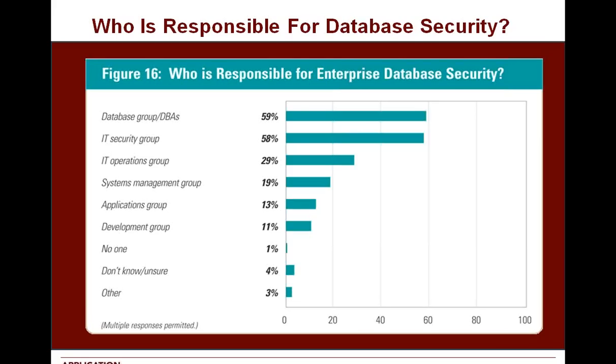Okay. On the next slide, we also ask who is responsible for database security, who's taking charge of this. We see that a lot of it falls on the database managers, our respondents. In fact, database managers and dedicated security group managers appear to share in this responsibility. Here we see 59% and 58% respectively assigning this responsibility to these groups.